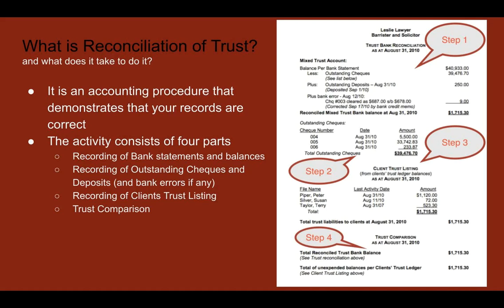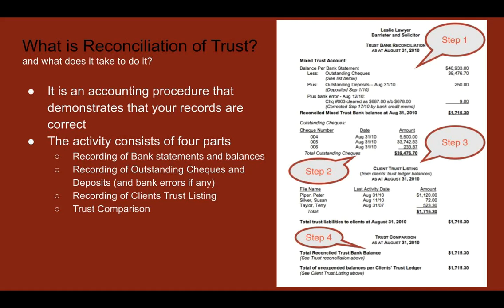And lastly, the trust comparison, the reconciled bank balance and the unexpended balance as per the client's trust ledger, provides you with the transactions of the pooled trust bank balance as on a specific date.